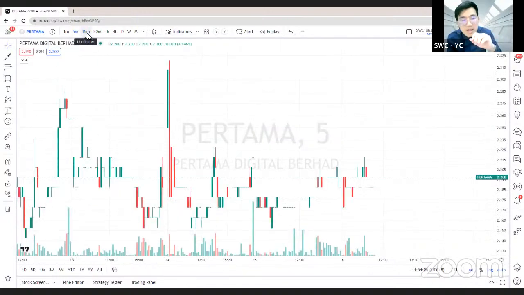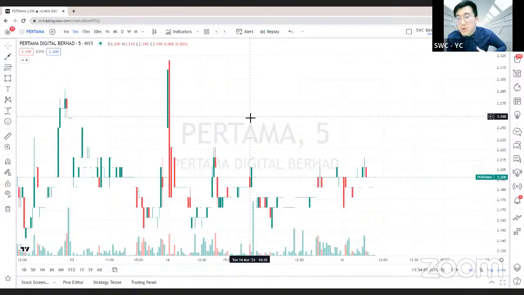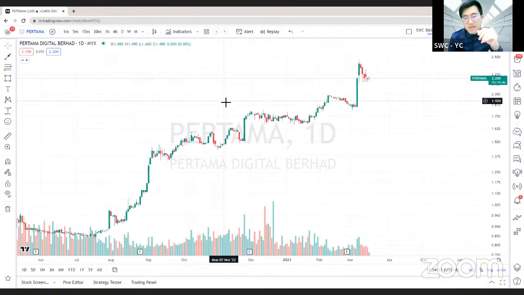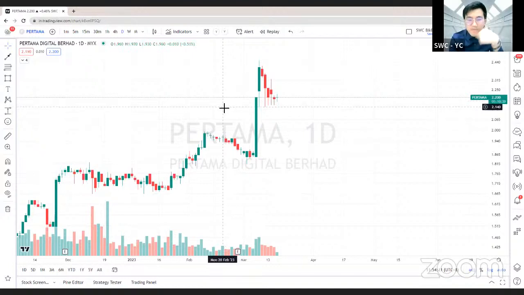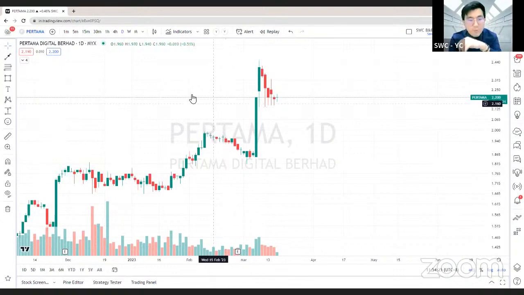The 5 minute and 1 minute charts I would advise for IPOs. On the IPO first day, it's super active, so only then do you use the 1 minute and 5 minute charts. The rest of the time I also use the 5 minute chart, but I still refer to the 15 minute chart first. So the strategy is still useful.